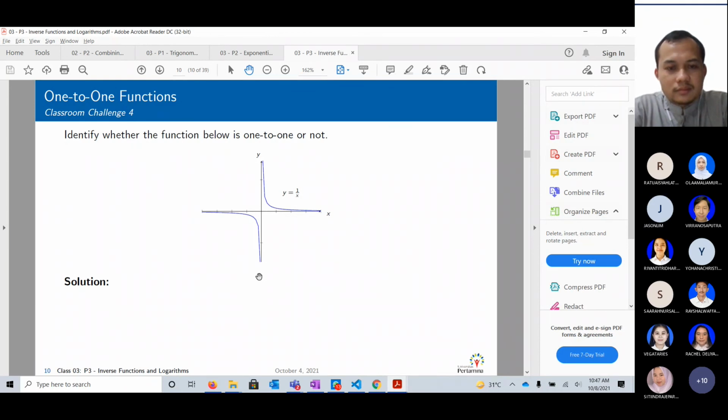This one is a one-to-one function, because if we draw a horizontal line from the bottom to the top, it will never intersect the blue line more than one time. Okay, the last challenge. Is it one-to-one or not? One-to-one, sir. Yes, this one is also one-to-one. That is correct. So, any question up to this point for this first part?